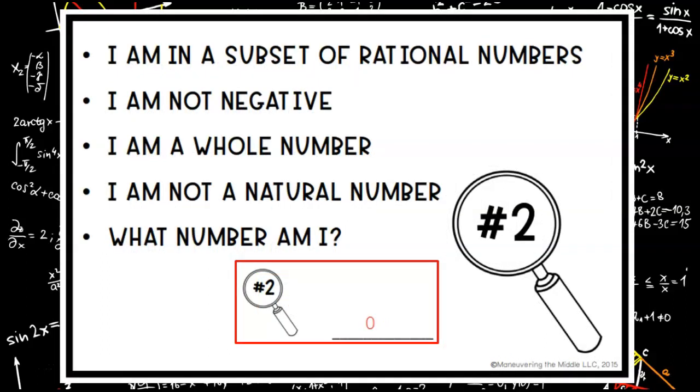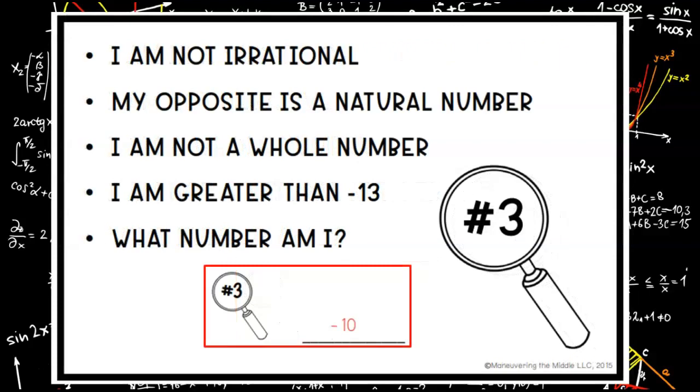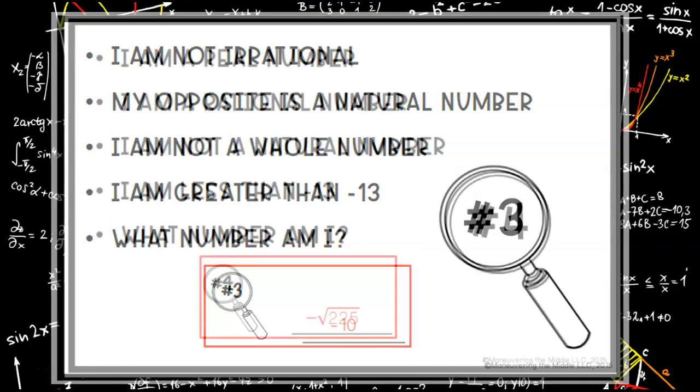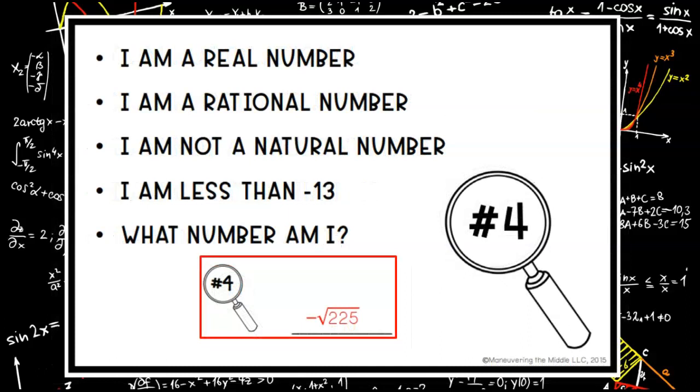Number 2 is 0. Number 3 is -10. Number 4 is negative square root of 225. Use that calculator.